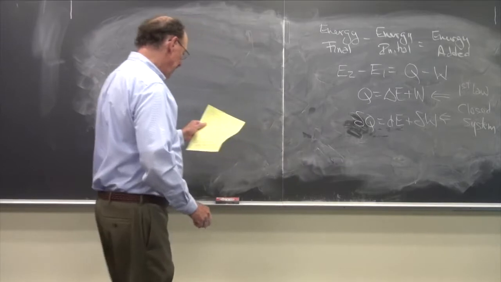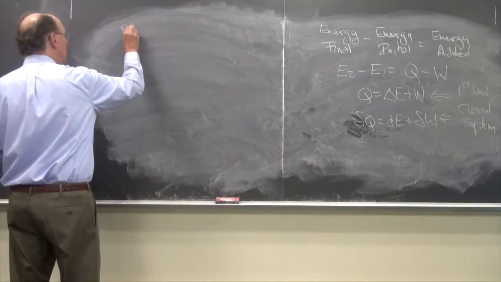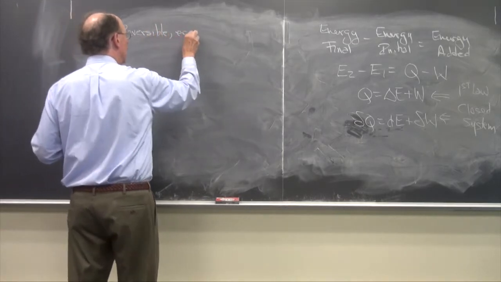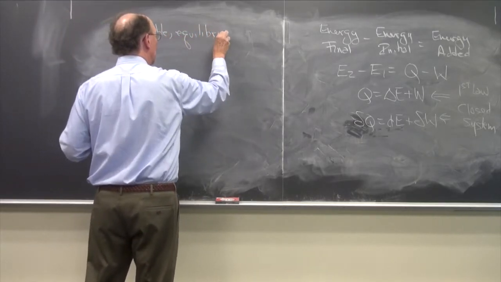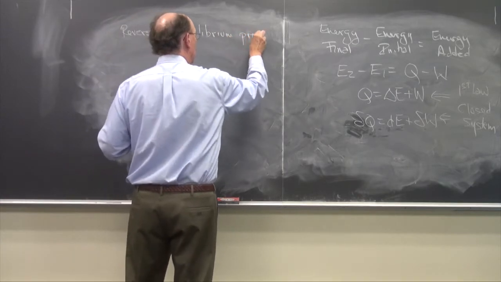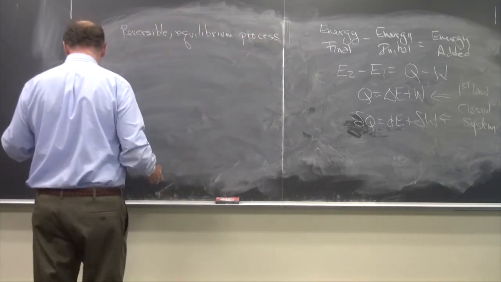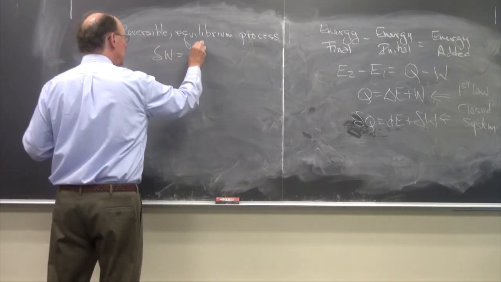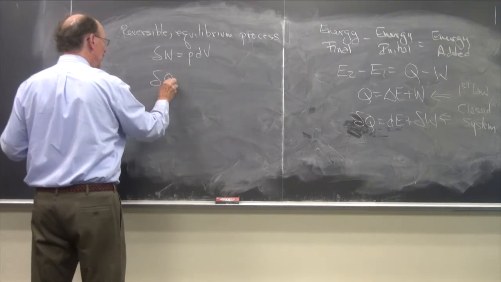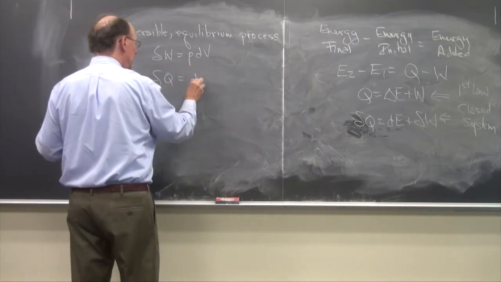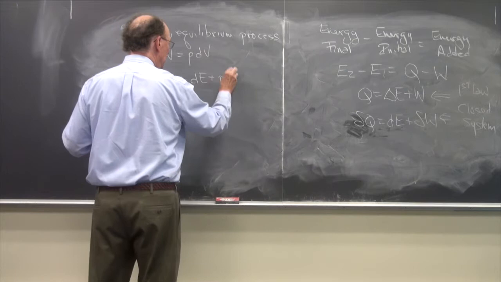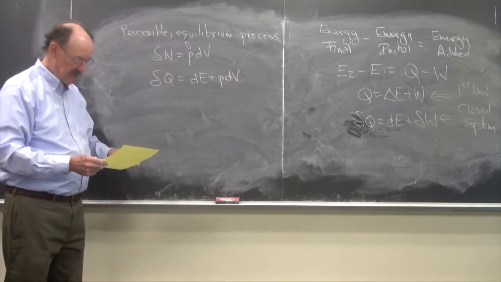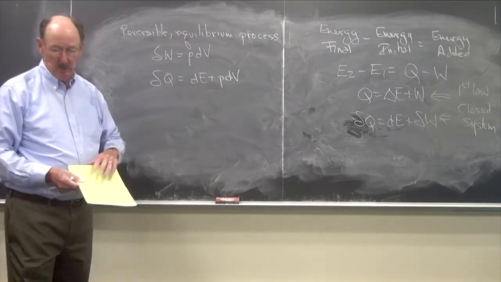For a reversible or equilibrium process, I can say that del W is equal to PdV, and I'll have that del Q is equal to dE plus PdV. So this is true for reversible and equilibrium processes.